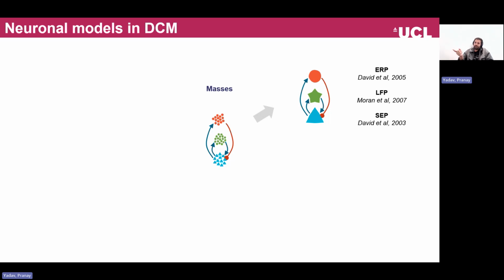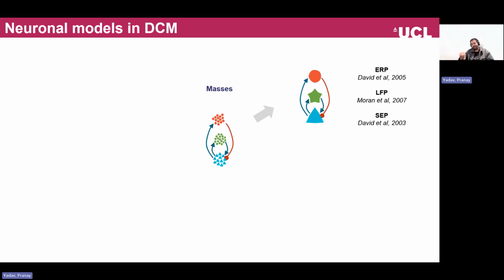Now, the way this model is constructed is by assuming that each population has, let's say, 1,000 or so neurons, and we lump all the parameters of these 1,000 neurons into one by averaging, and we treat just the average as reflecting the whole population. So this is called the point mass reduction.